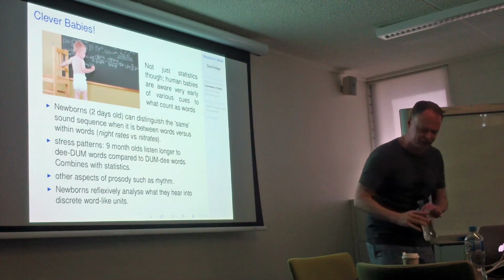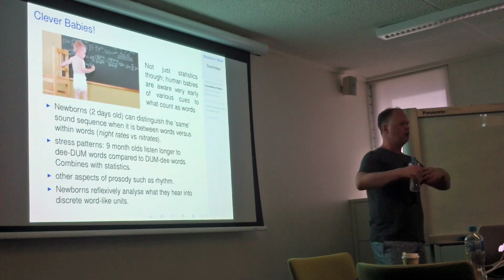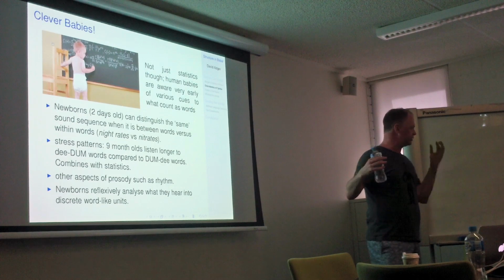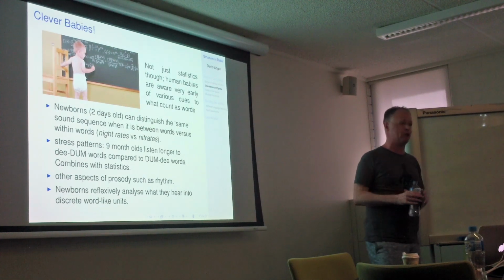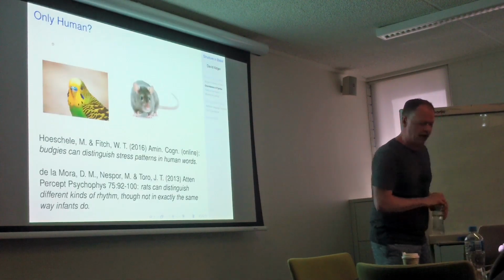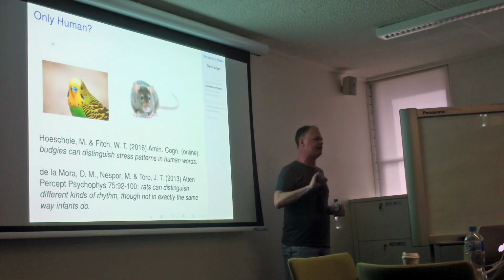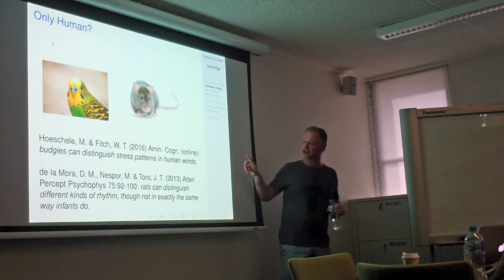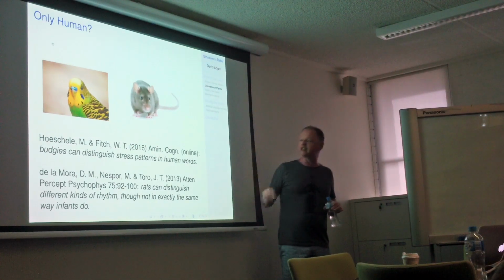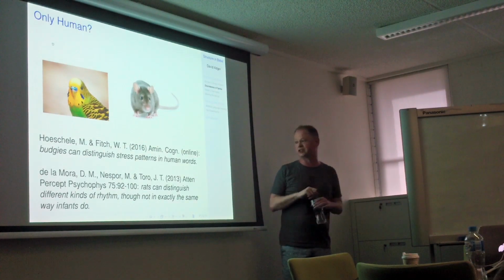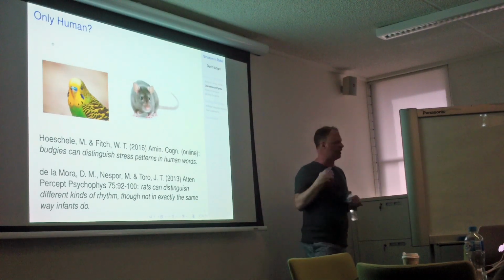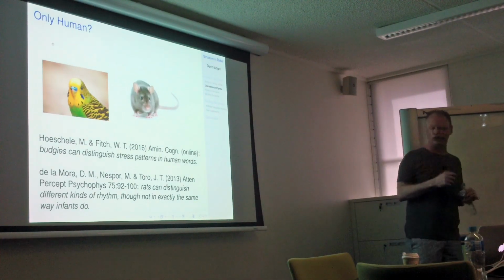So remember, this is just me showing you that one part of what we do with language is this discreteness. All right, is it only humans that can do this stuff? Well, in terms of the nitrate stuff, as far as we can tell, yes. But in terms of stress, budgies can distinguish stress patterns in human words, and rats can attend to different kinds of rhythms in human words.